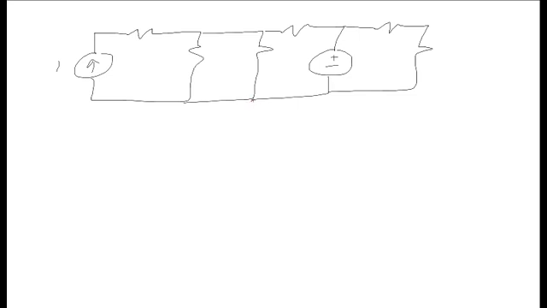The first one is my reference, and I'm choosing the bottom node as my reference. Sometimes the bottom node won't be a natural reference, but the reason I'm choosing it here is because many components connect here. Essentially, this is the node with the most common connections.